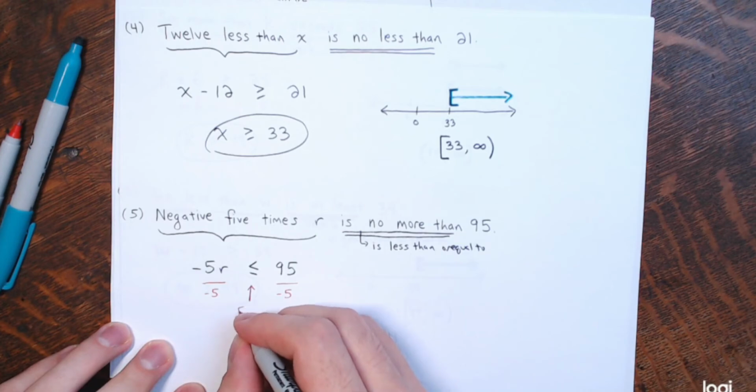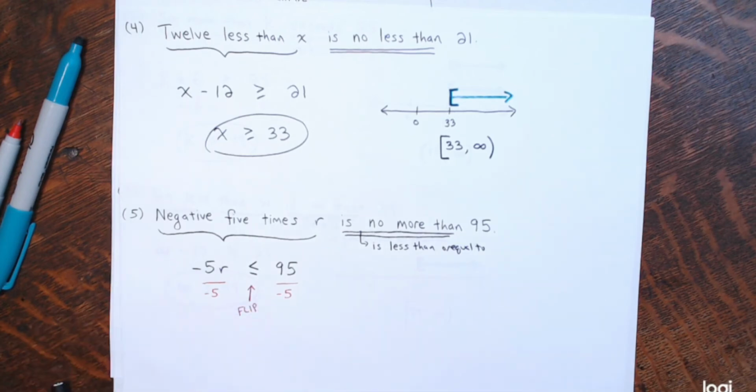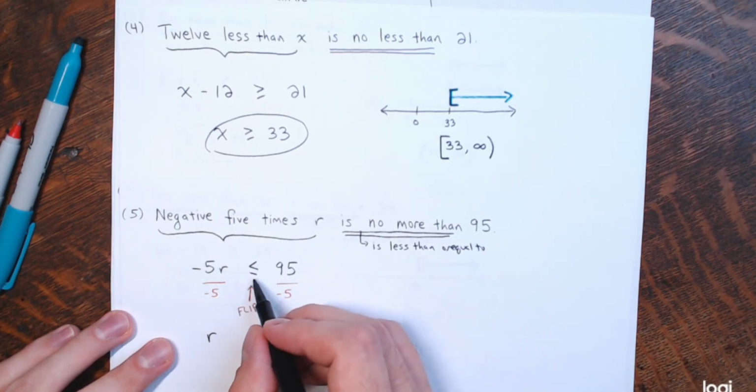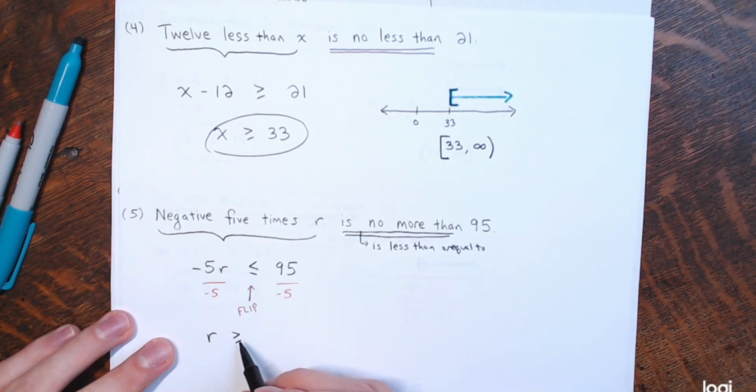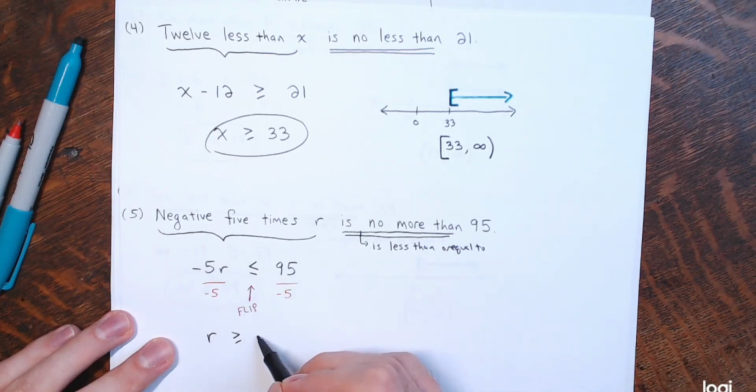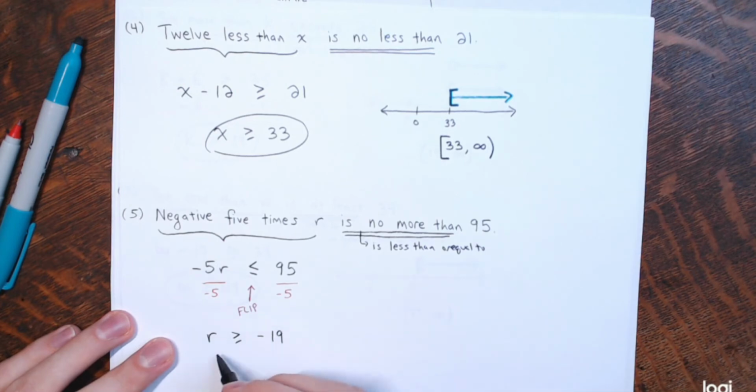So we're going to have to flip this inequality symbol here. Okay, so the left side I've got r. Now instead of is less than or equal to, it's is greater than or equal to. And then a positive divided by a negative will be a negative, and 5 goes into 95 19 times. So this is negative 19.